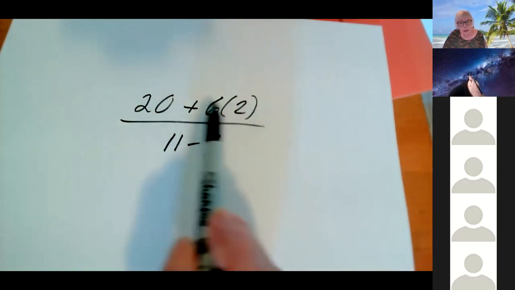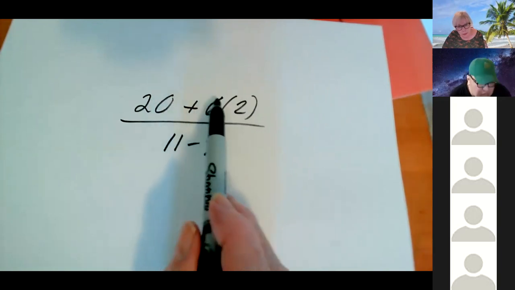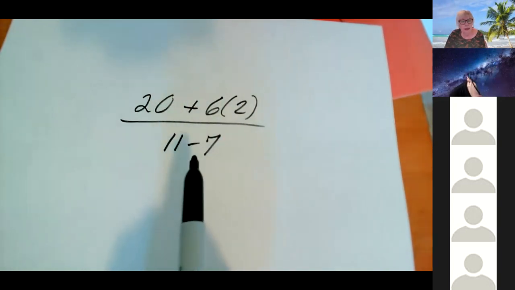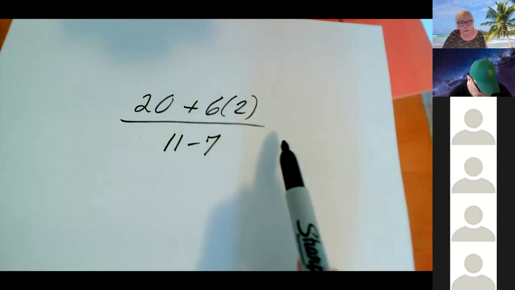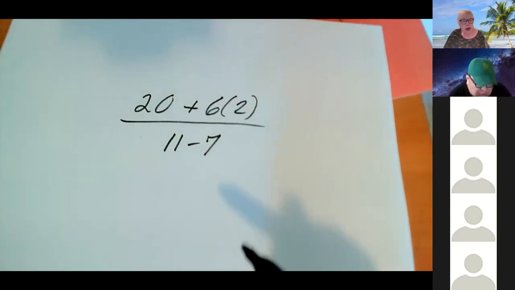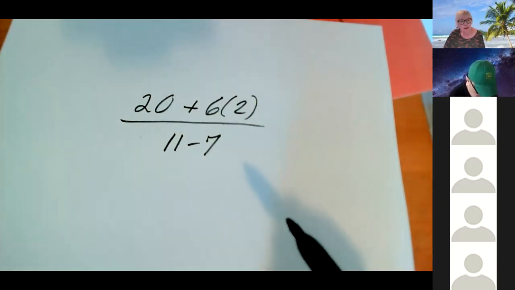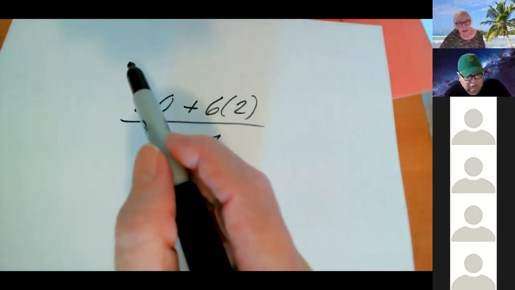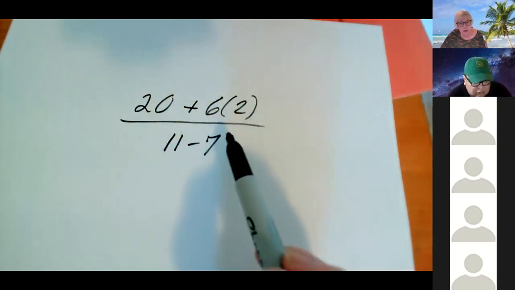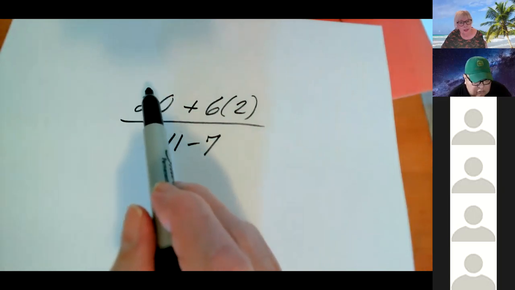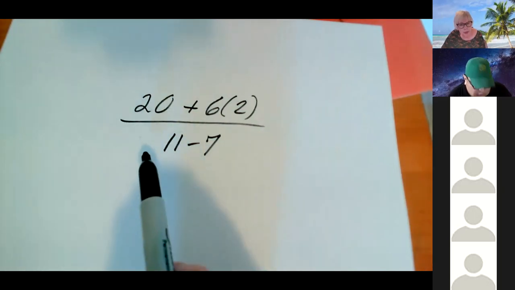You will simplify the top and then simplify the bottom before you ever do this, and this fraction line means divide. So the divide will be last in this case. It's as if there were parentheses around each piece, the numerator and the denominator.